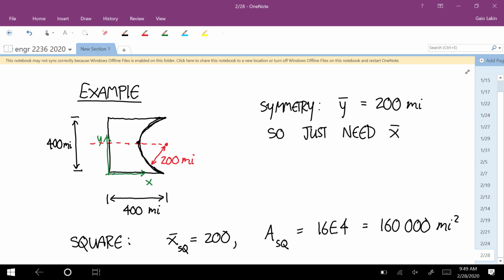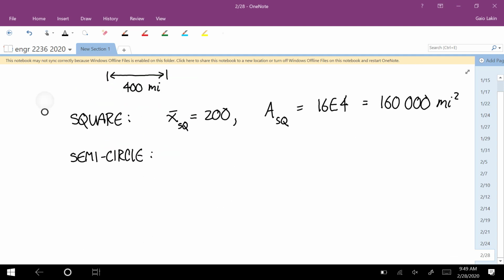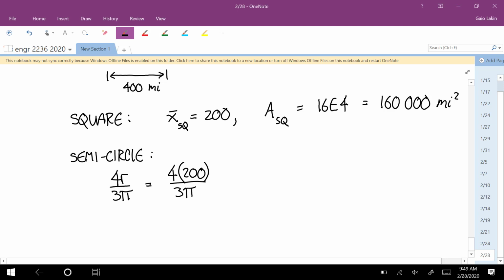You see that? Okay, so 4r over 3 pi is 4 times 200 divided by 3 pi, and that's about 84.89, I think.